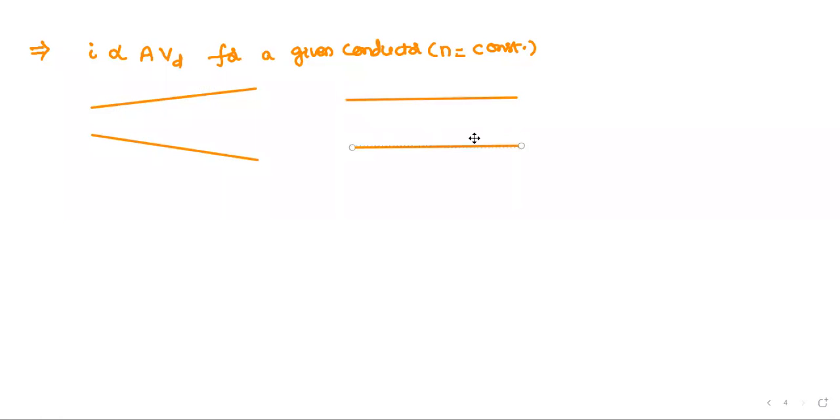This is the uniform cross-sectional wire, that is the non-uniform cross-sectional wire, taking different areas of cross section.